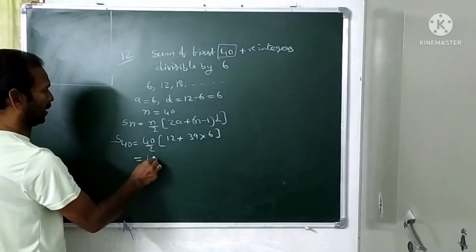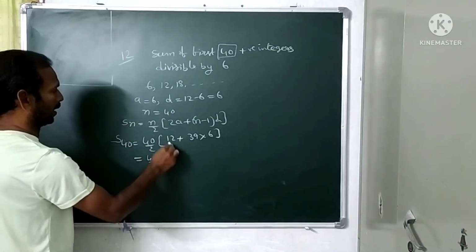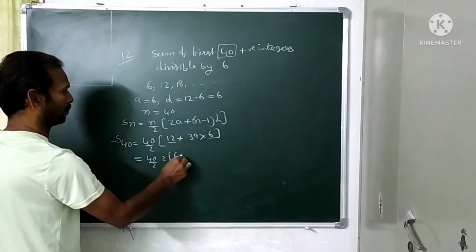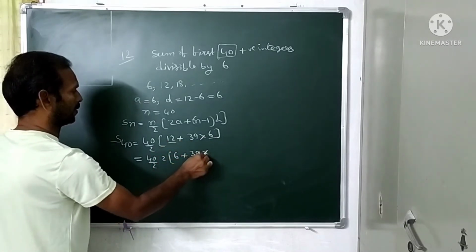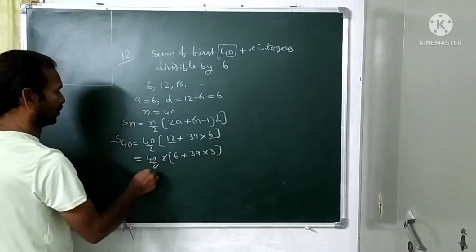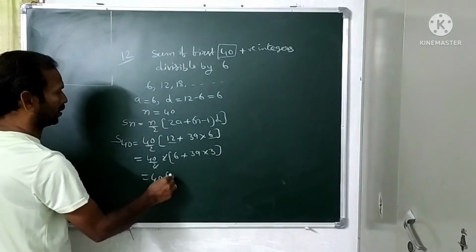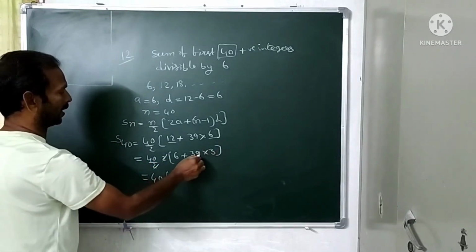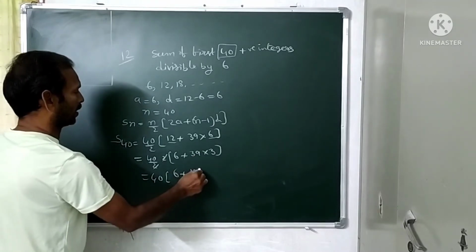So 40 by 2, take common 2 here and here: 6 plus 39 times 3. These two cancel. 40 into 6 plus 39 times 3, 117, 123.